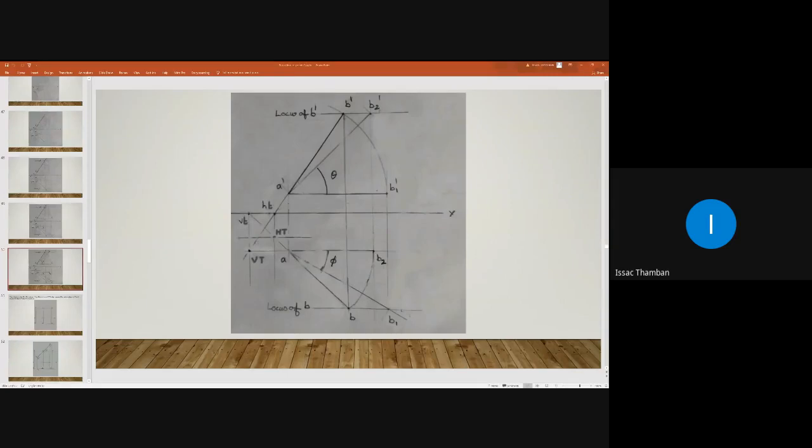Okay. What is the length of A dash B2 dash? 57. That is okay. So here A dash B2 dash and AB1 will give the true length. These two must be almost the same. 1 or 2 mm variation is tolerable. So here the true length is approximately 58 mm.